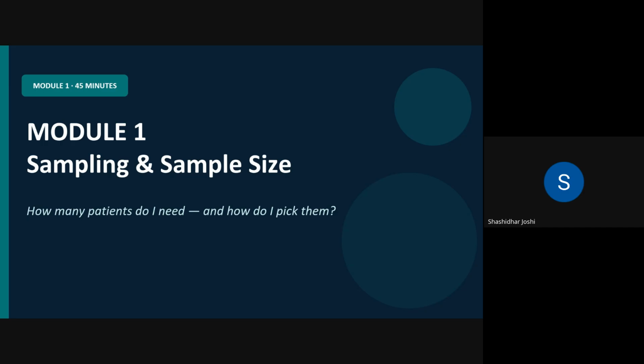When somebody asks you what is sample size, the objective is: how many patients do I need for my experiment, clinical trial, or any other study you are doing, and how do I pick them? What is the mechanism I should use to pick them? Those are the two fundamental philosophies behind sampling and sample size.